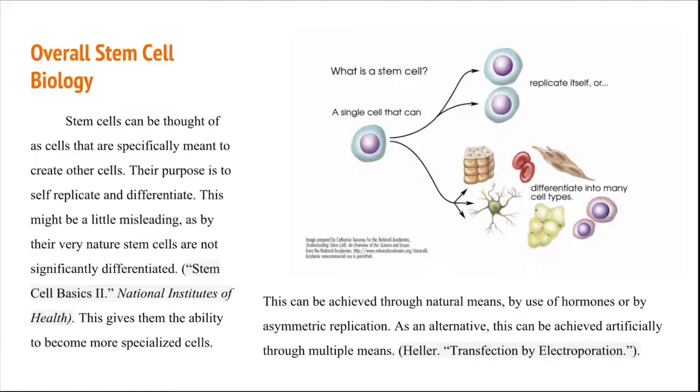The point of them is to replicate and then differentiate into different kinds of cells. This can be achieved through natural means and through some artificial means. We'll get into that later.